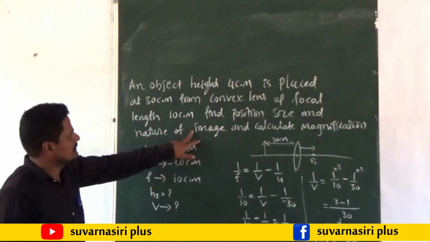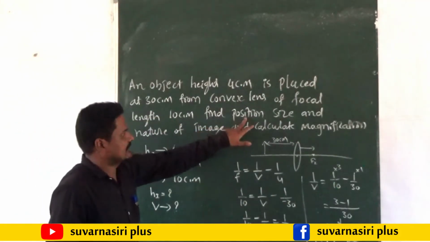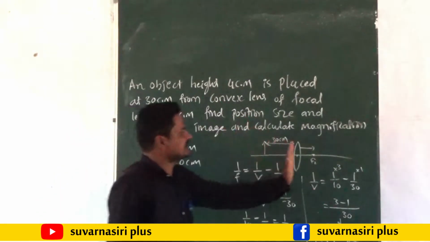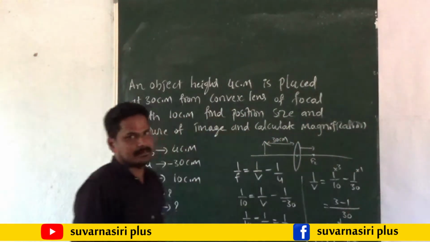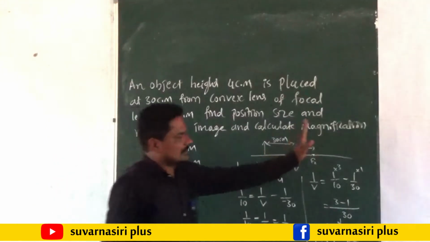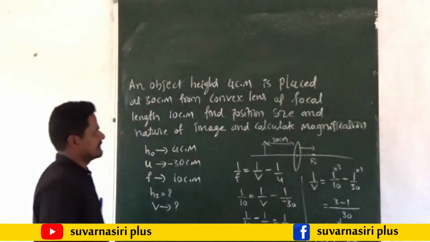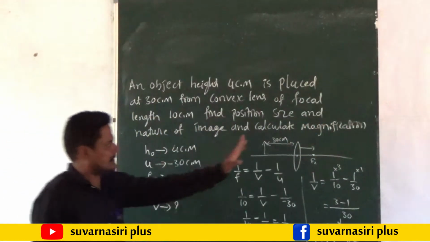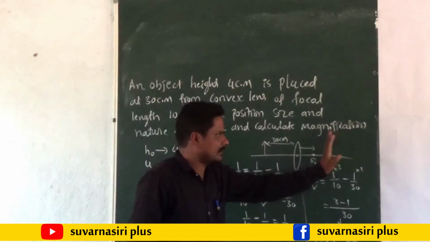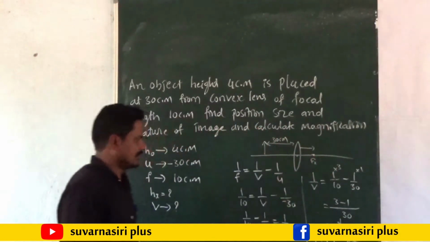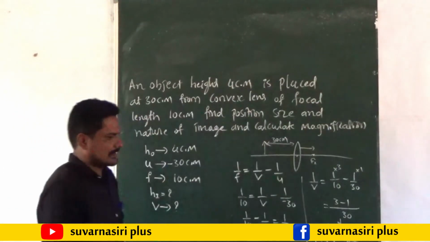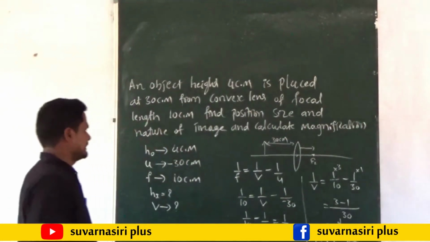So what is the position of the image? The image is formed 15 centimeter beyond the lens, 15 centimeter away from the lens, on the right side. Now we have to calculate the magnification.